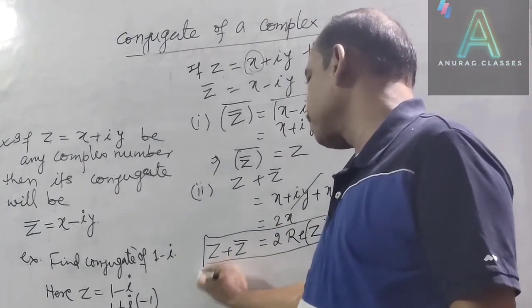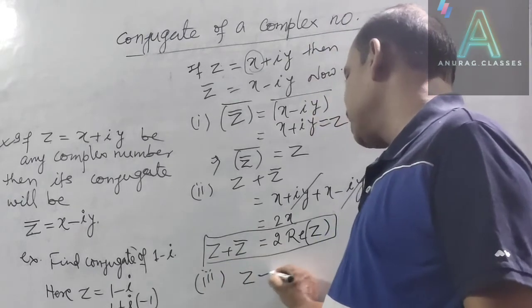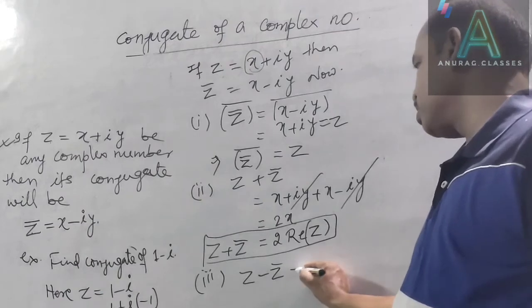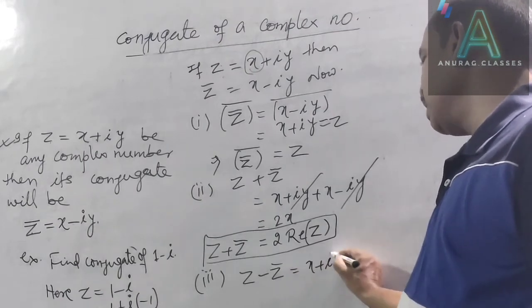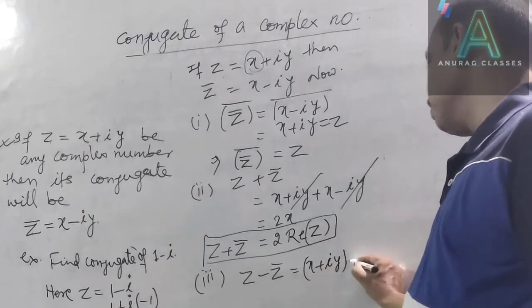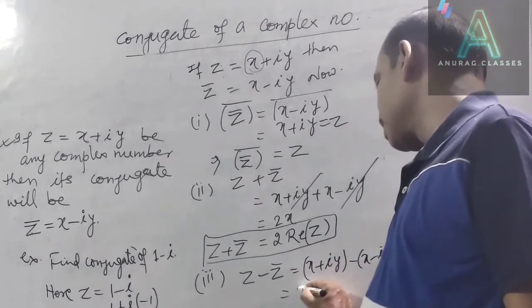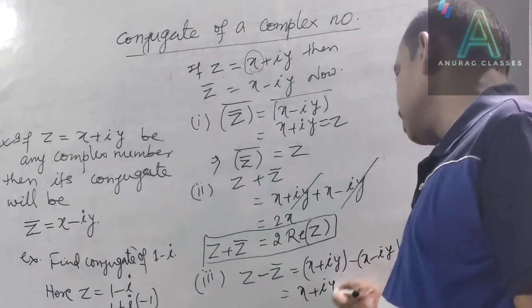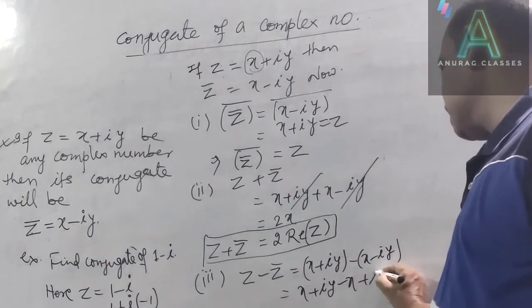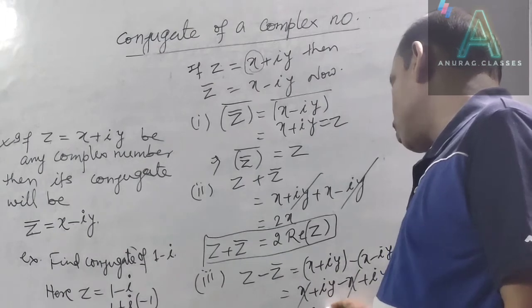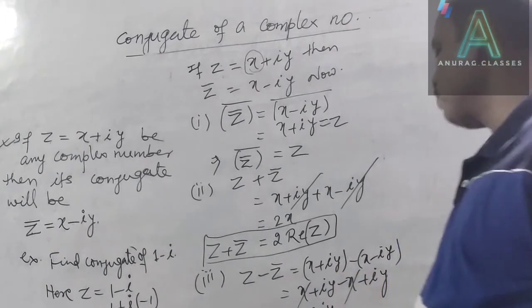Property number 3, what will we get if we subtract it? z minus z conjugate. Clearly it will be x plus iota y minus x minus iota y, that is x plus iota y minus x plus iota y, x minus x cancel, so 2 iota y.